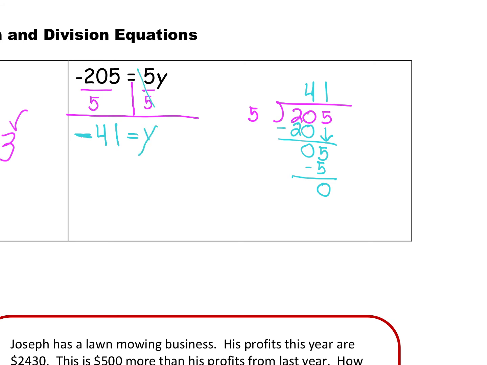So that cancels and gives me a negative 41 is y. So to check my work, I want to make sure, is 205 5 times negative 41? Well, 5 times 40 is 200 plus 5 times 1, 205, positive times a negative. Yeah, this one checks out, and I can box that up.